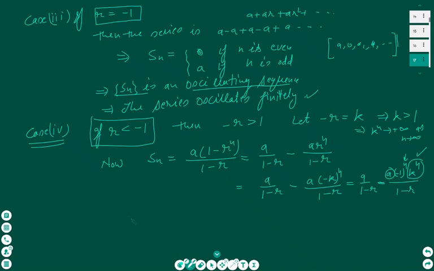So this implies the sequence of partial sums oscillates infinitely, and that implies the series oscillates infinitely.